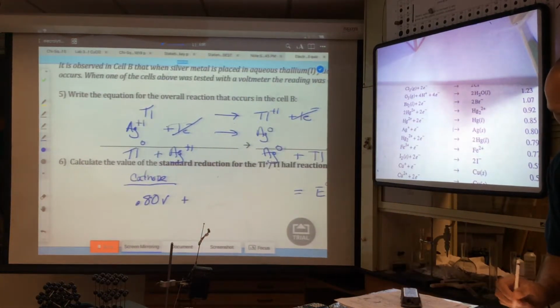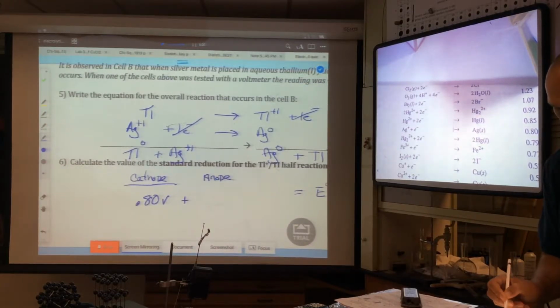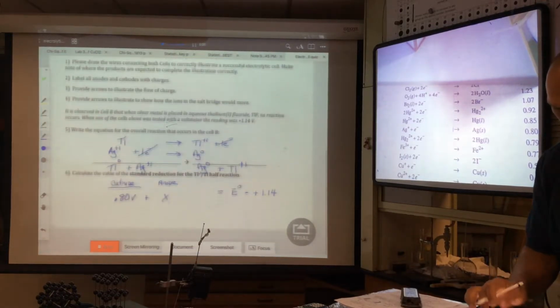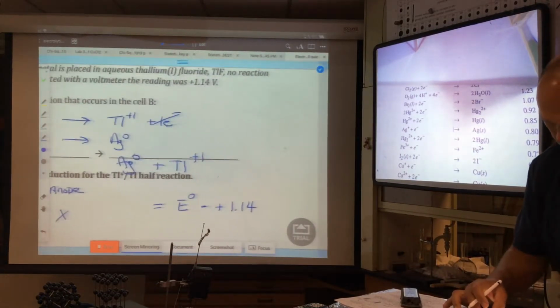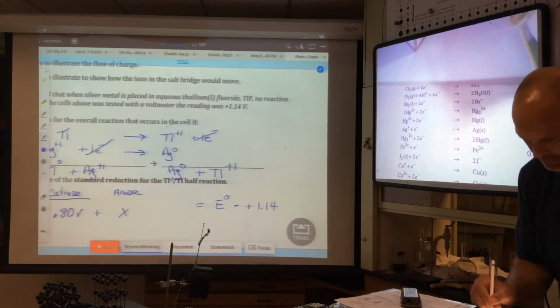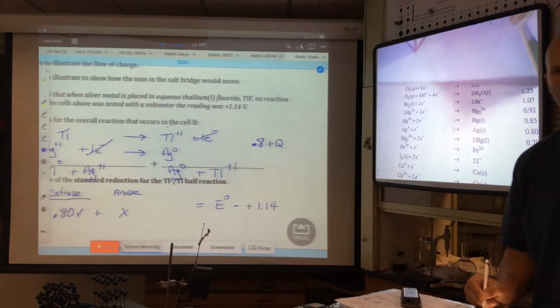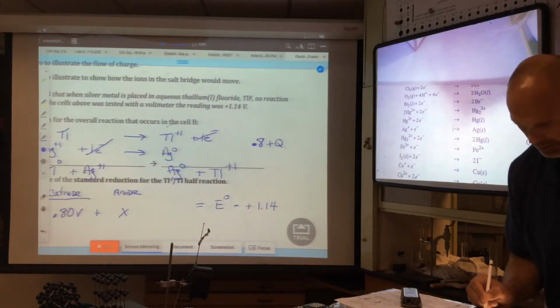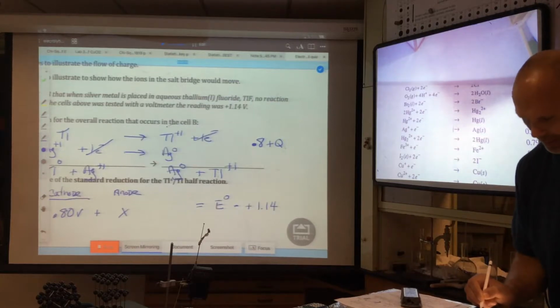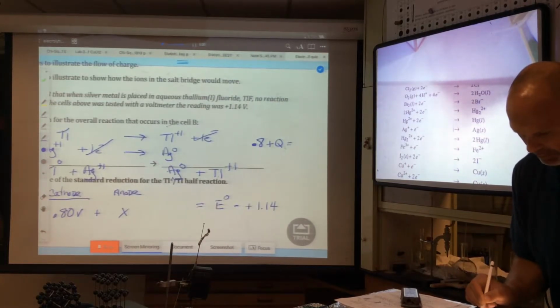Now, what do we do with that? Don't we add that to what happens at the anode? So let's solve for that. What we have is 0.8 plus Q, I like Q instead of X, equals 1.1 volts.